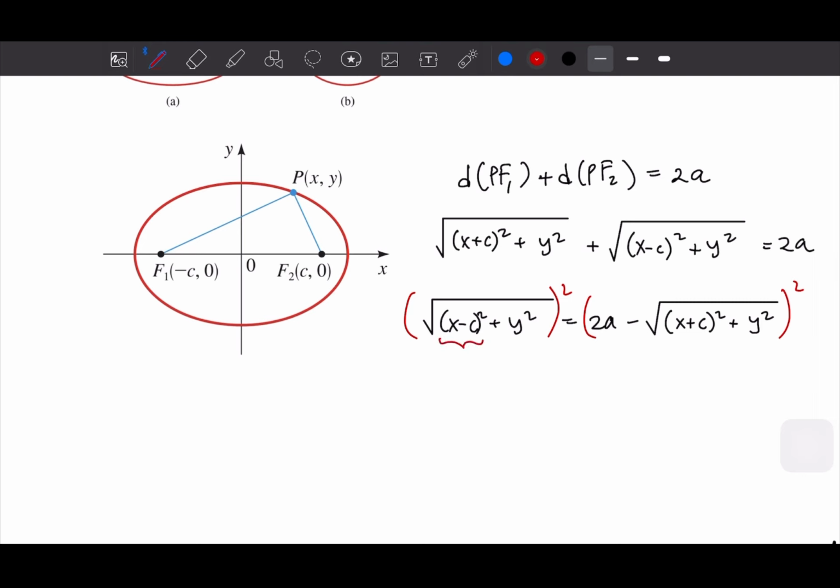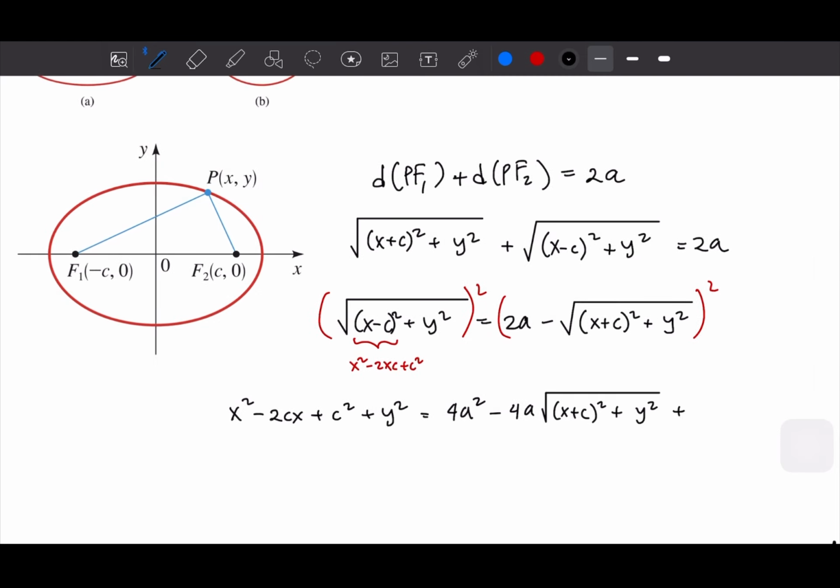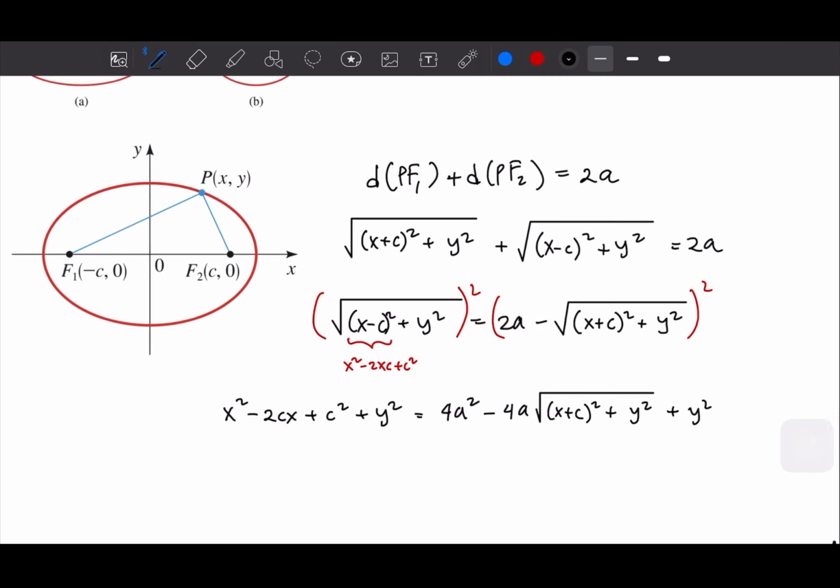Okay, let me expand this: x squared minus 2xc plus c squared, and then x squared minus 2cx plus c squared plus y squared, and then equal to 4a squared minus 4a times the square root of (x plus c) squared plus y squared, plus y squared, and then plus x squared plus 2cx plus c squared.